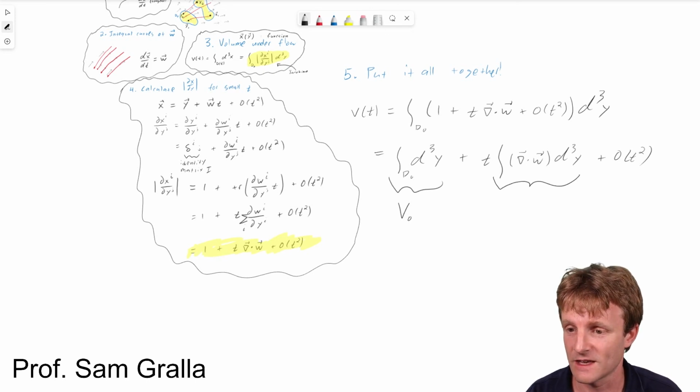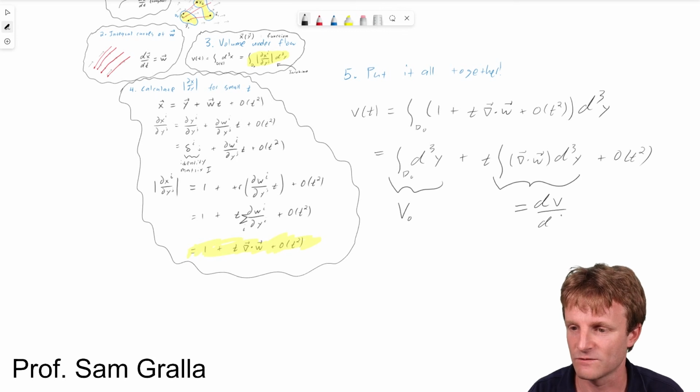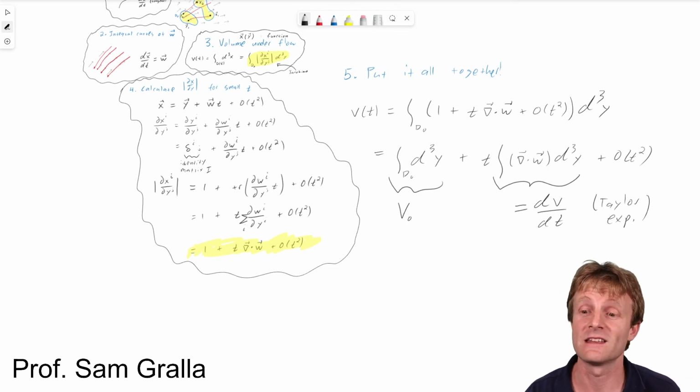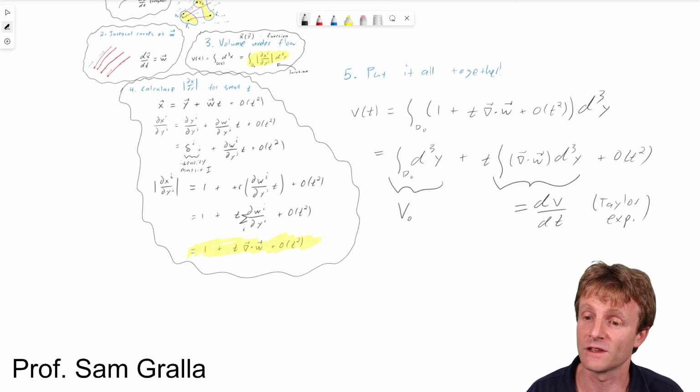And so this thing here must be equal to the derivative of the function, dV/dt. You can think of this as a Taylor expansion, or if you're more of a mathematician, you'll probably just want to go back to the definition of the derivative and plug this formula in, and you'll find that indeed this integral is the derivative. And so actually, we're done.